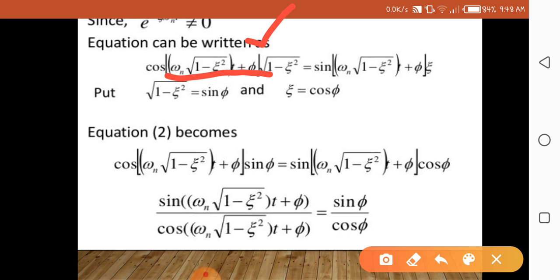Put root 1 minus zeta square equivalent to sin phi and zeta equivalent to cos phi, and put the values in to create the equation.